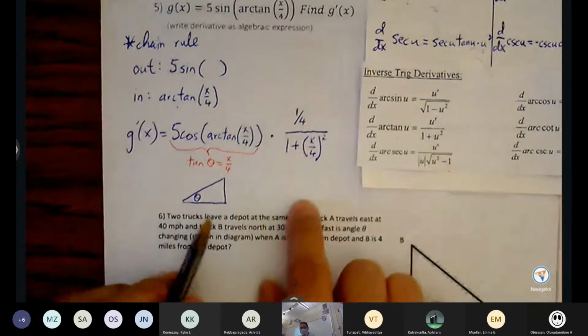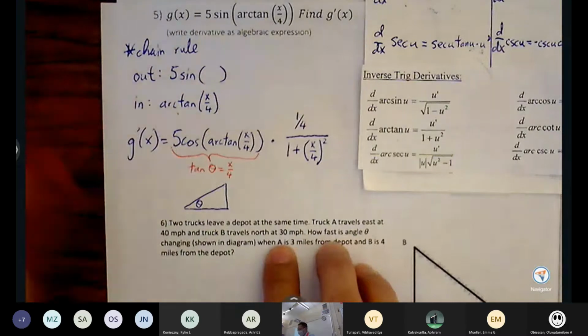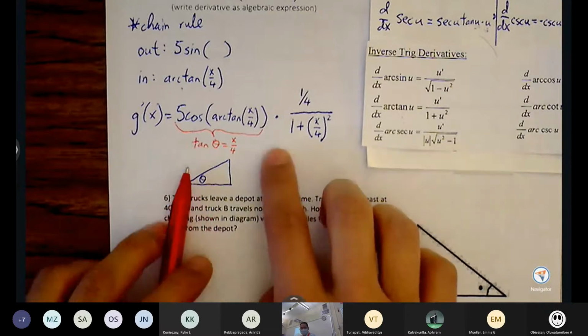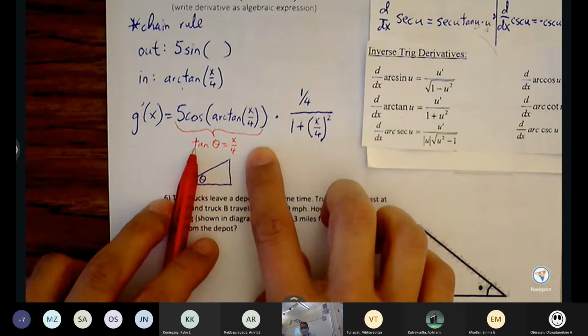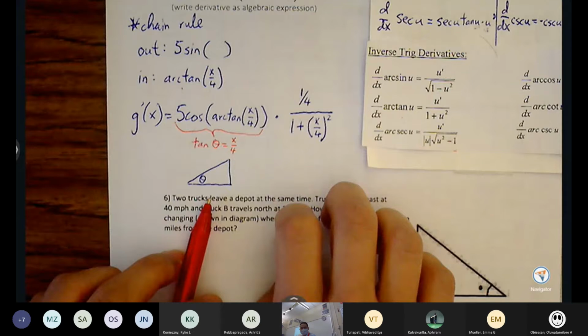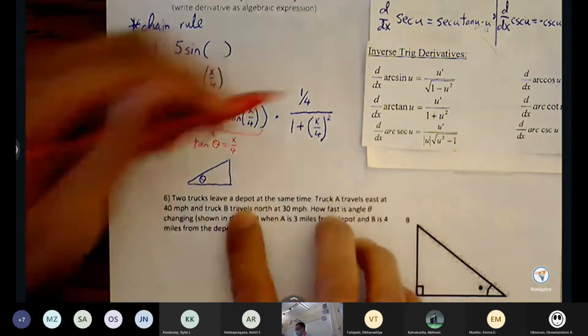Tangent is what? Where does the x and the 4 go? Any idea? All right, opposite over adjacent, right?